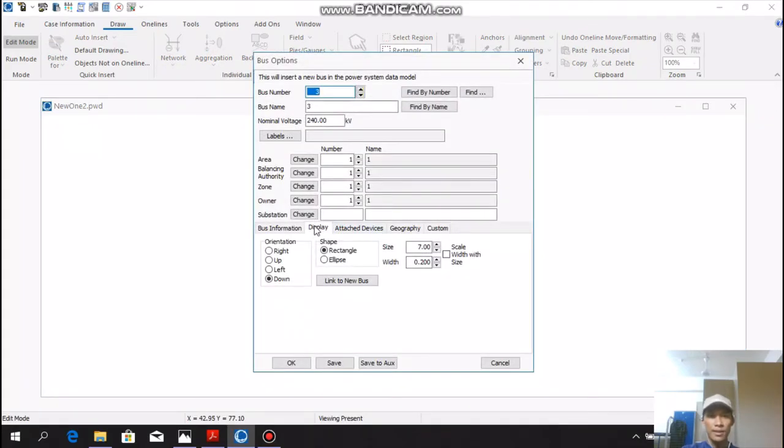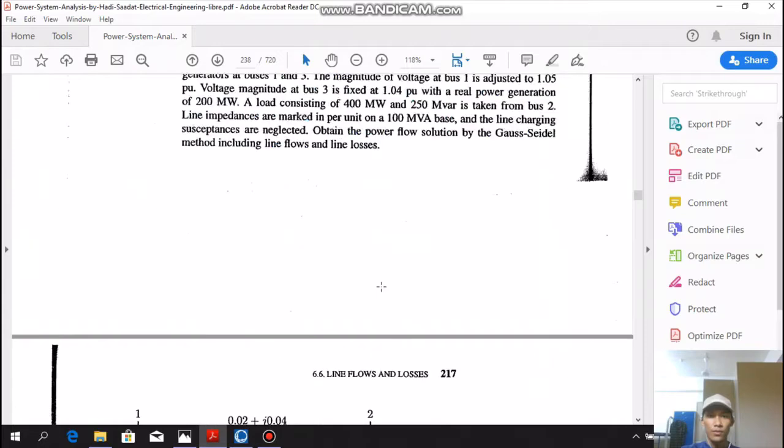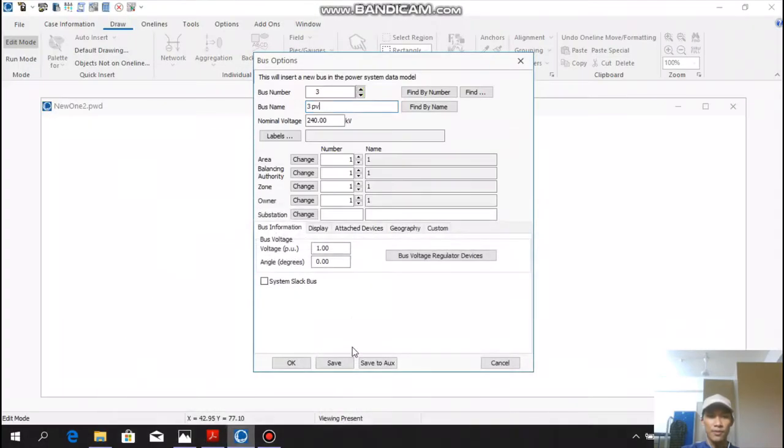The third bus is a PV bus with 1.05 PU voltage.